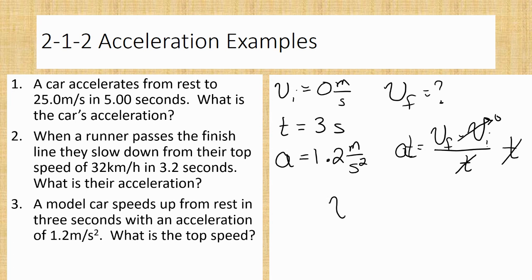And there's our equation by itself. Vf is acceleration times time. So 3 seconds times 1.2 meters per second squared will give us our final velocity of 3.6 meters per second.